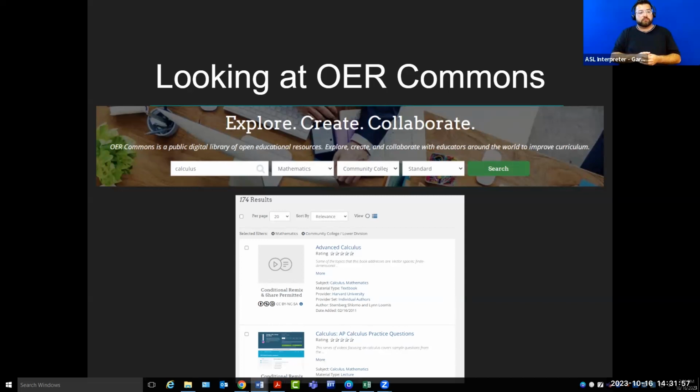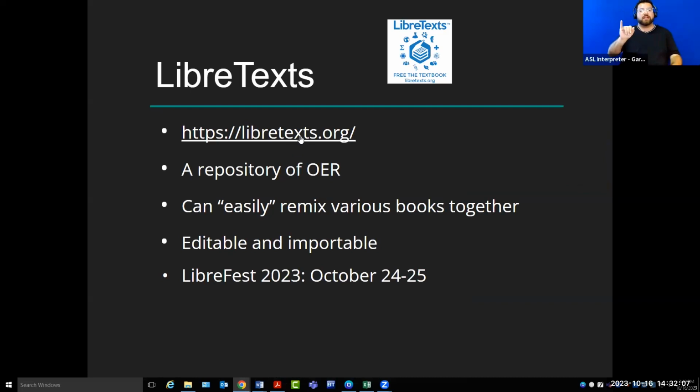Okay, then we have one that I know a lot of you have heard of, and that is LibreText. I don't want to talk too much about LibreText. It's a repository of OER. It's also a building platform. It's very powerful. It has a lot of functions. You can remix different books together.